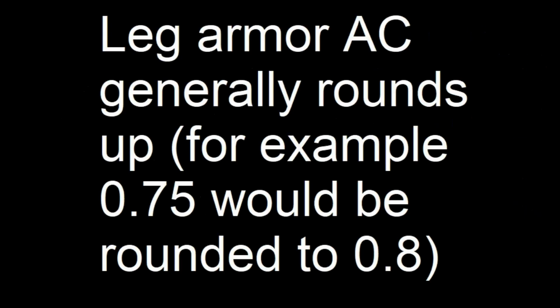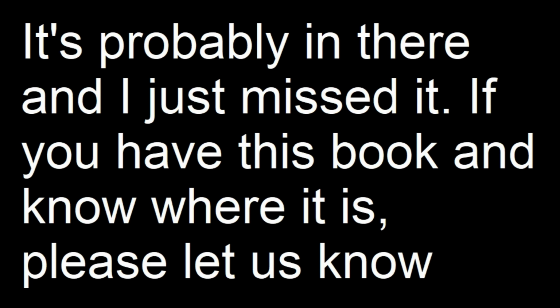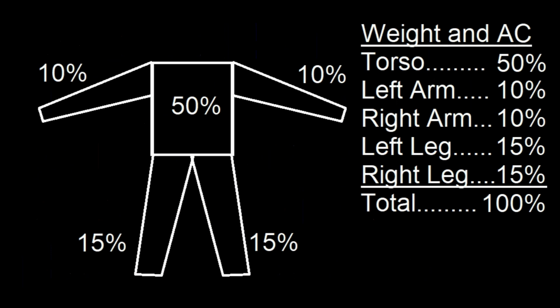It varies a little here and there due to them rounding off, and maybe they moved a pound here and there to try to make it look like this isn't how they calculated out their table, but most of it conforms to this. There's also nothing I could find on how to price piecemeal armor. You could price it using the percentage of the whole. For example, since an arm is 10% of AC, it's 10% of the cost.